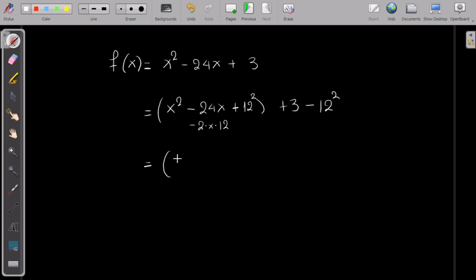So the perfect square is (x minus 12) squared. And now 12 squared is 144, minus 144 plus 3 is minus 141. So my vertex is 12, minus 141. And that's how I write my quadratic in a vertex form.